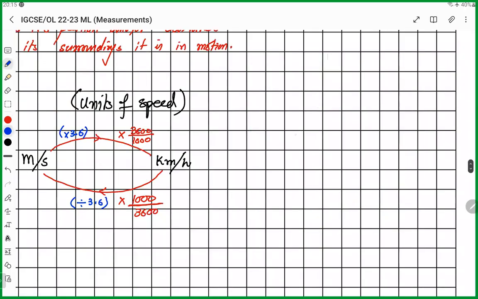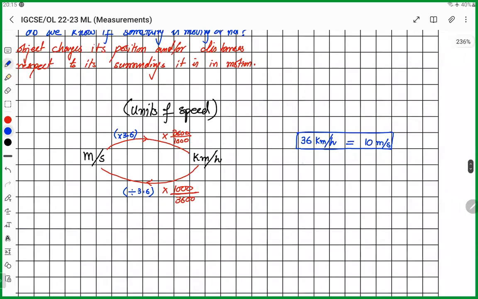Another easier way is if you remember that 36 kilometer per hour is actually equal to 10 meter per second. If you remember this, you can compare any meter per second to find kilometer per hour or any kilometer per hour to find meter per second.